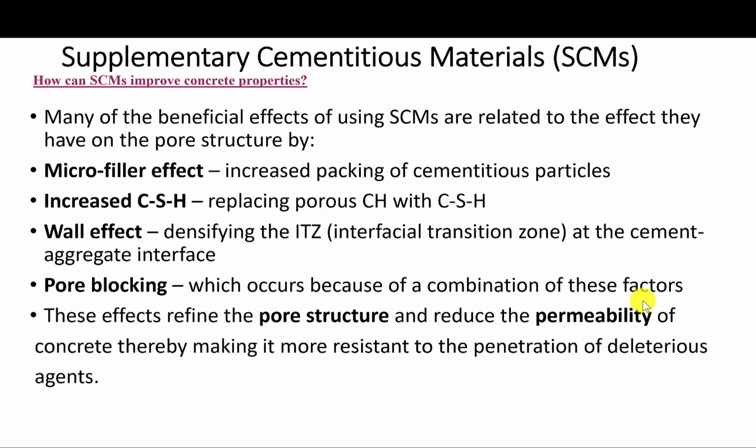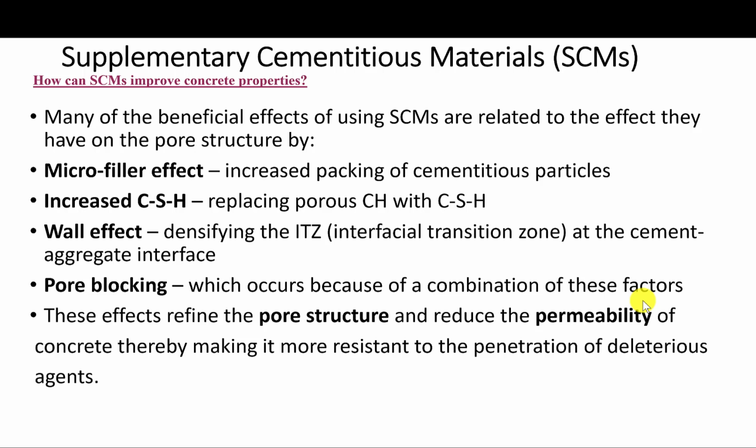Basically what this is, is densifying the interfacial transition zone I talked about earlier, basically at the cement paste aggregate interface, where we said this is a more porous, less dense zone. So the use of the SCMs helps us improve this zone.